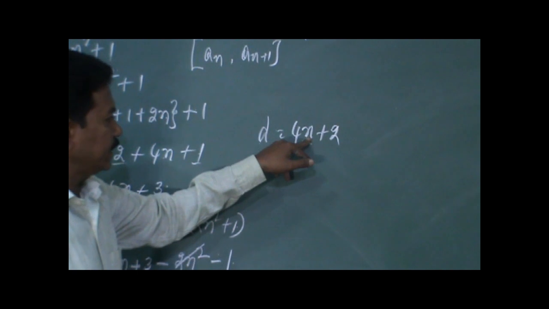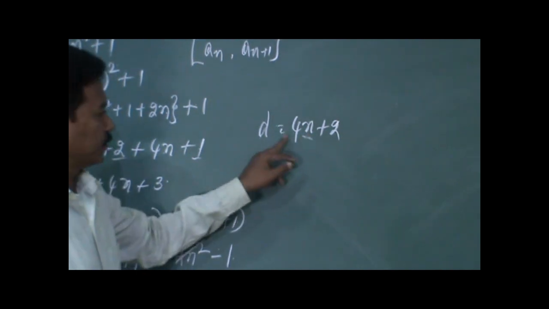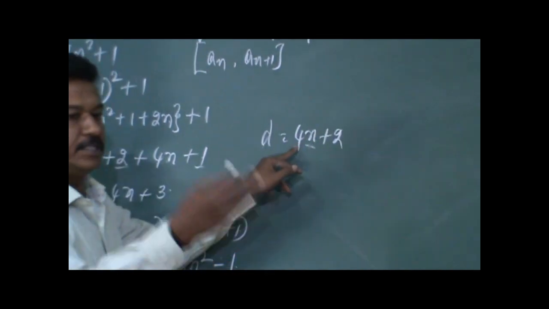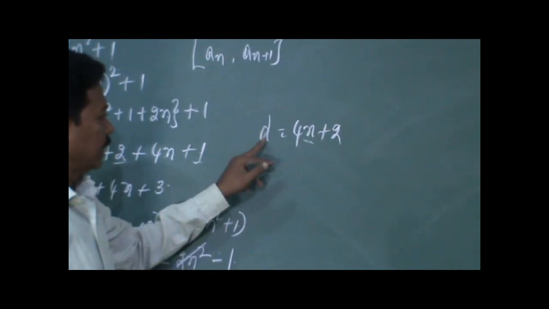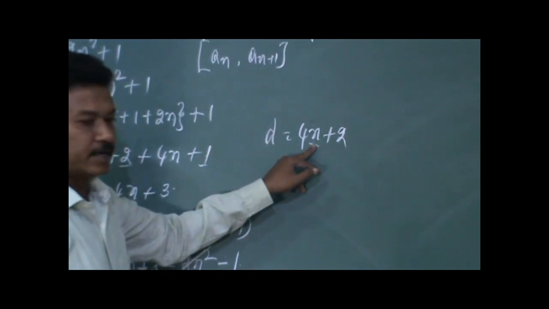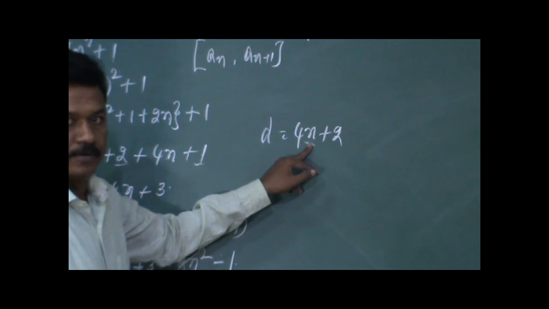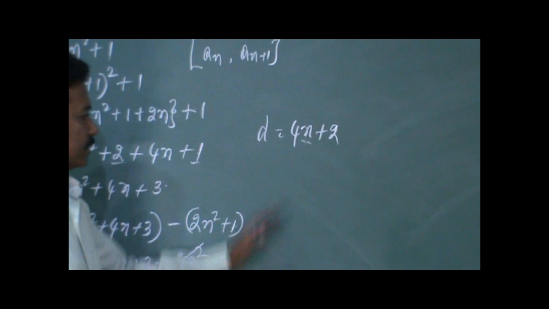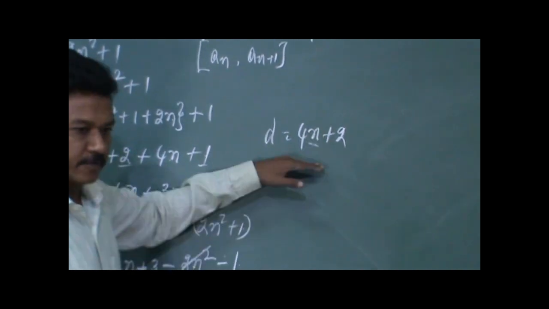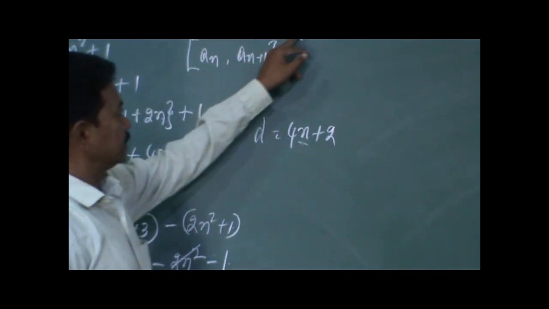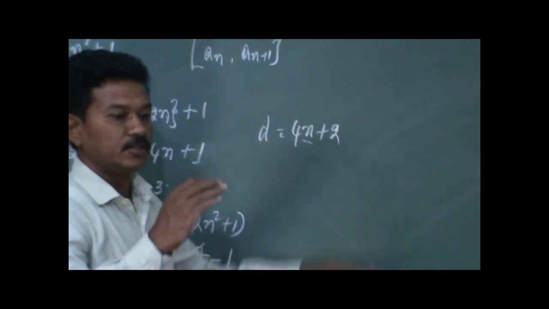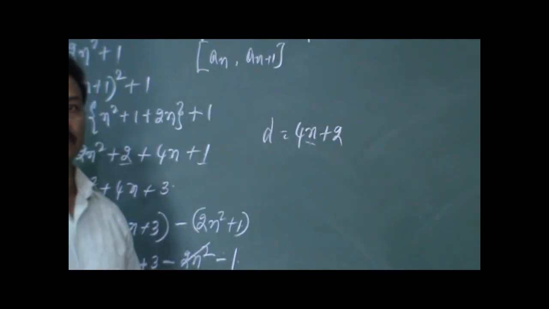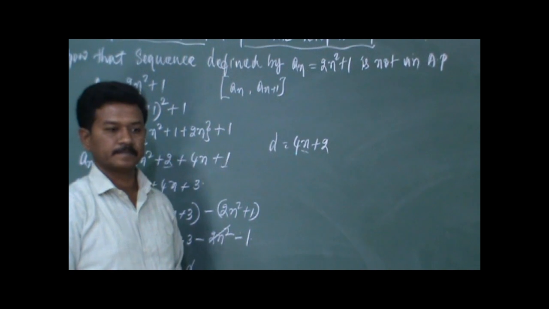You can substitute any number in the place of n. Therefore, the value of this goes on changing continuously. So as d is not independent of n in its value, d is not a constant. So as d is not a constant, the given nth term of that sequence is not an AP. This is how we can come to a conclusion.